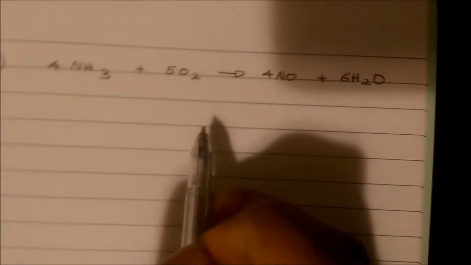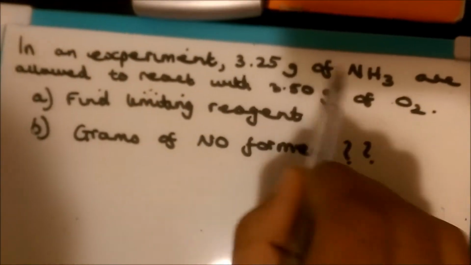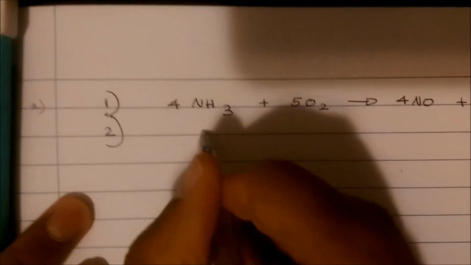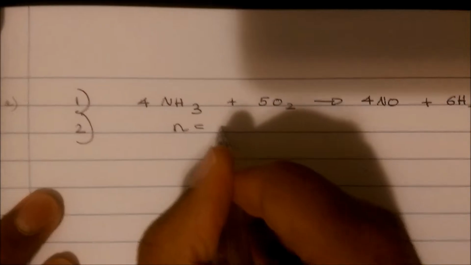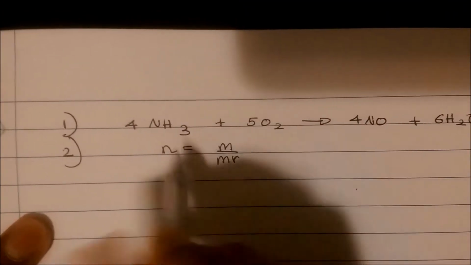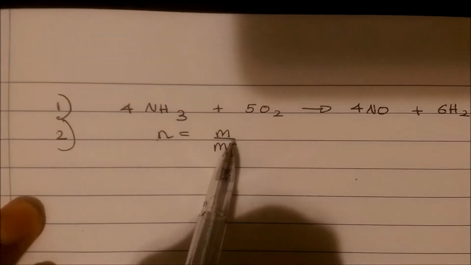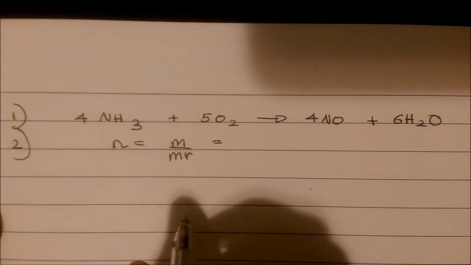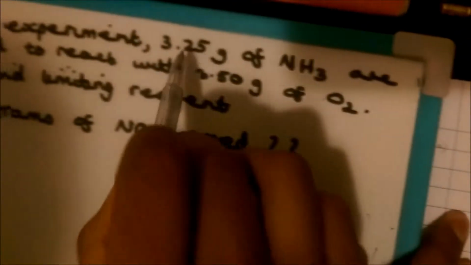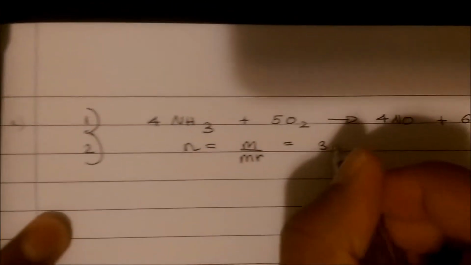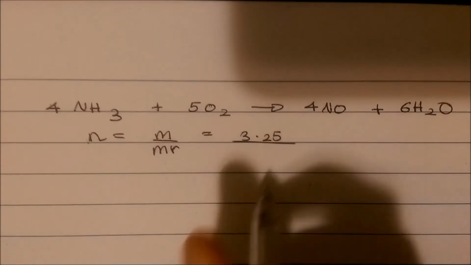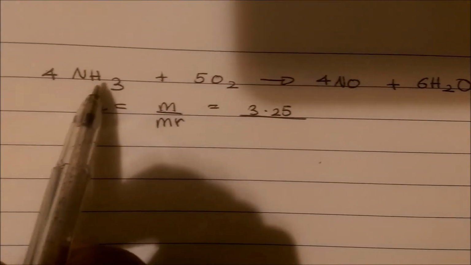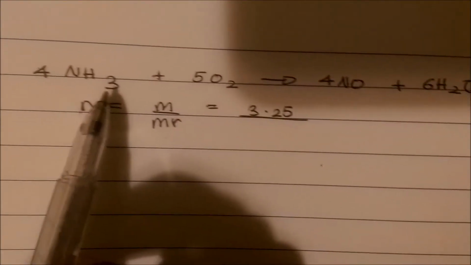Now moving on to actually finding the limiting reagent, what we do is find the number of moles of NH3, and for those of you that do not know, we use the formula n is equal to m over Mr. n is the number of moles, m being the mass given, and Mr just being the molar mass. So, finding the number of moles of NH3, we are told that it's 3.25 grams, so that's the number of grams given, and the Mr of NH3 you just have to look at a periodic table.